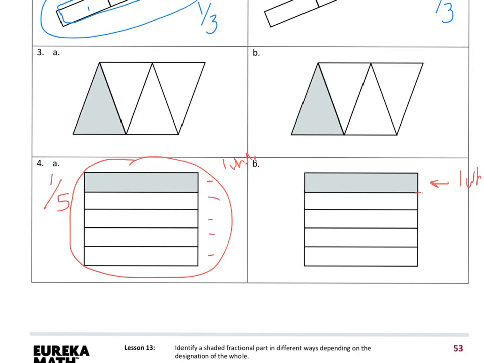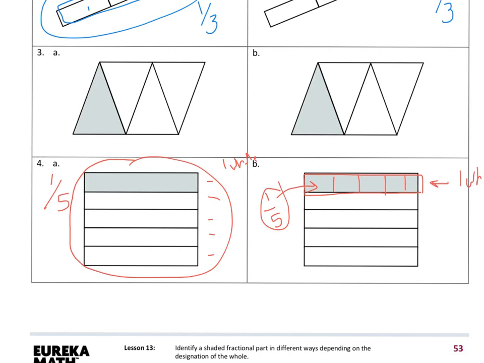So I got to break this shaded piece into fifths because that's what I did over in part A. So I'm going to break it into fifths. So there's my fifths, and this part right here, that's going to be 1/5.